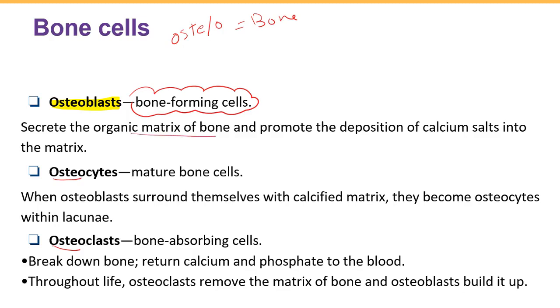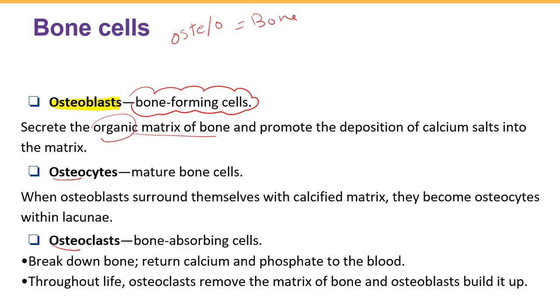Which matrix? Actually, the organic matrix, the part of the bone which has the protein and glycoprotein, like collagen, and they also help to deposit the minerals like calcium and phosphate into the matrix. So the osteoblast is producing the bone matrix and helping to deposit the minerals.